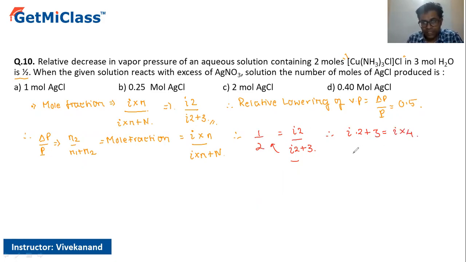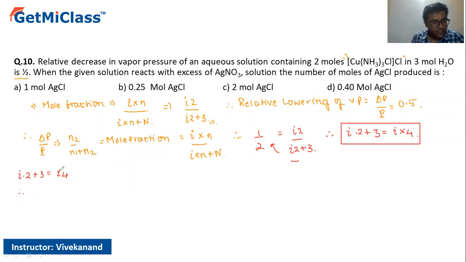Let's keep this point into consideration. When we solve it, what we have here is i into 2 plus 3 is equal to i4.